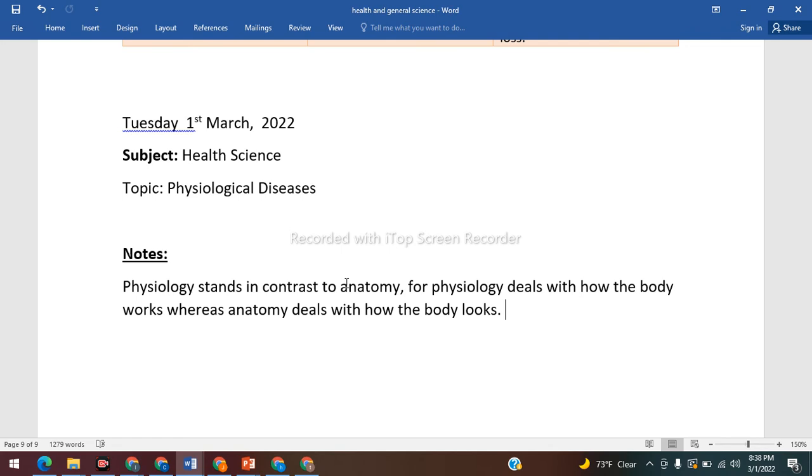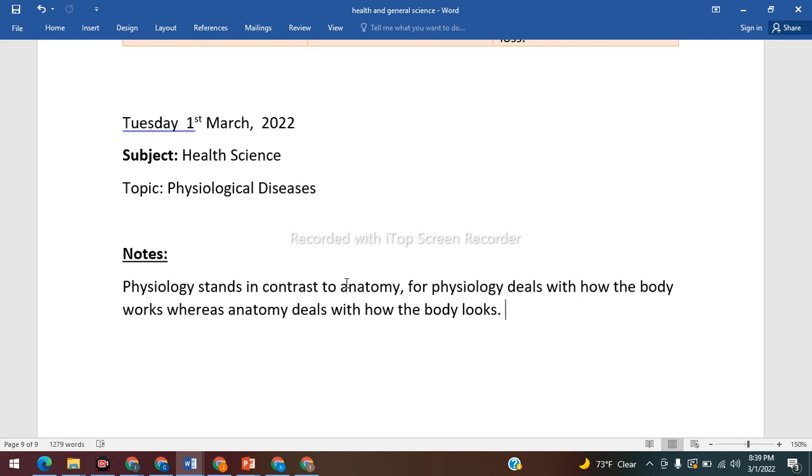So let's define it first. Physiology stands in contrast to anatomy. Physiology deals with how the body works, whereas anatomy deals with how the body looks, right? I think I know one.